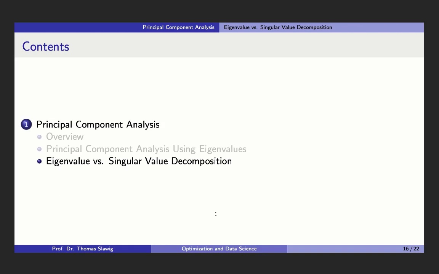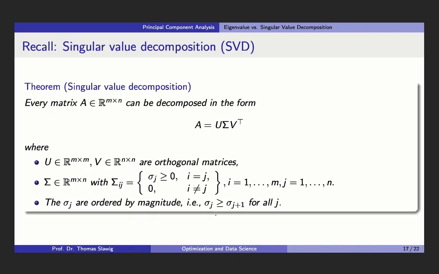Okay, so this was using the eigenvalue decomposition. We already had the singular value decomposition, as I said, when we were looking at the regression problem. We found out that every matrix can be decomposed in this form, where we have two orthogonal matrices and then a somehow diagonal matrix.